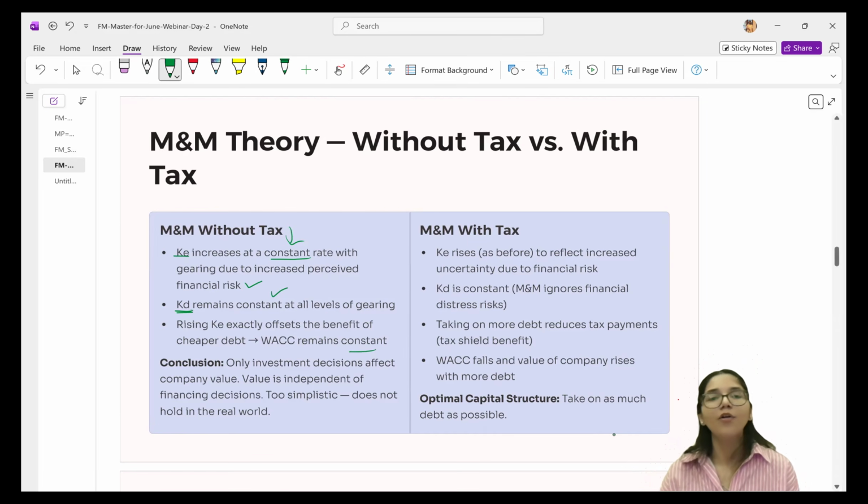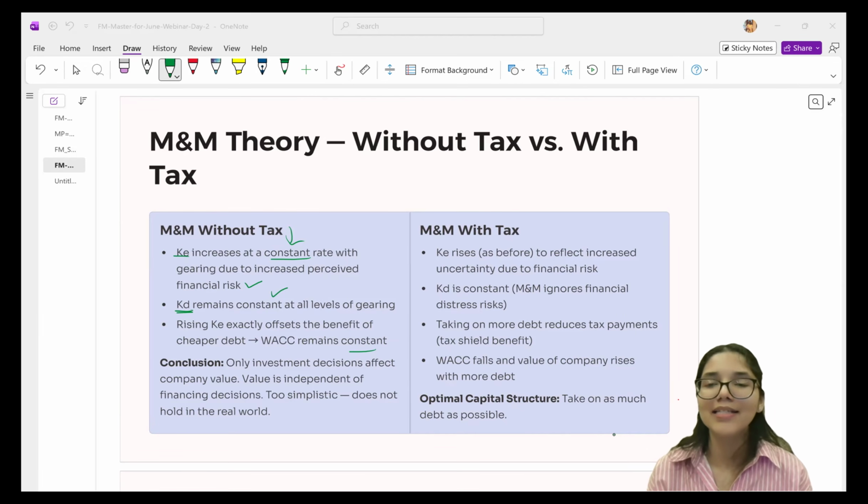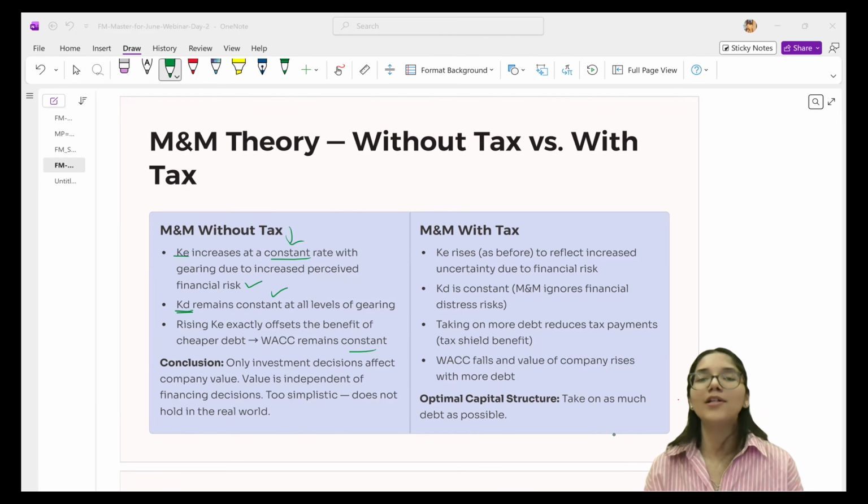So as per the without tax theory of M&M, the conclusion is that the WACC, the value of the company, will not be affected by the way the company decides to finance its capital, or how much money comes from which source. Why? Because no matter how much debt you take, no matter how much equity you take, your WACC remains absolutely constant.